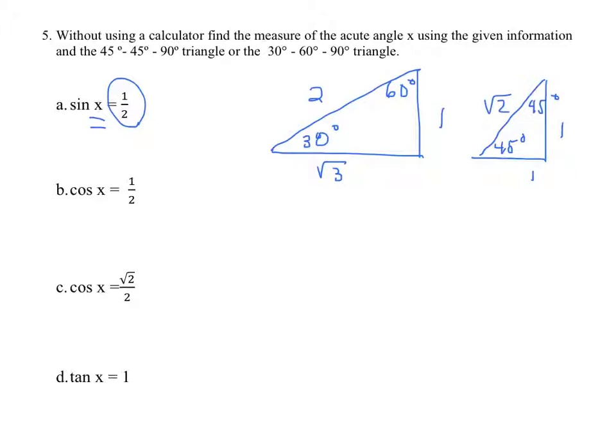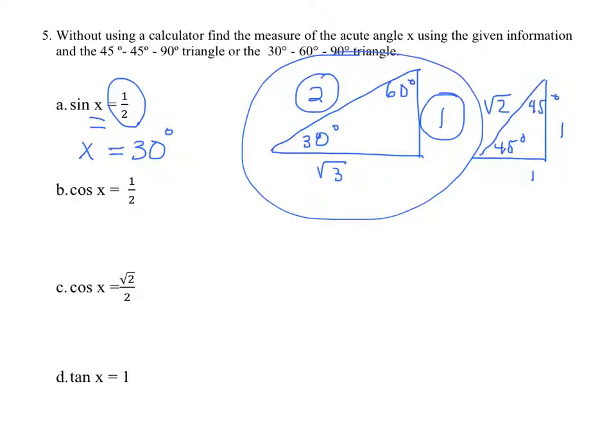So if I look at this guy, 30 degrees, the sine of 30 degrees is 1/2, opposite over hypotenuse. So I know x has to equal 30 degrees. Cool. I found the angle whose sine is 1/2. The angle is 30 degrees. What about the angle whose cosine is 1/2? Well, we're still involved with this triangle.